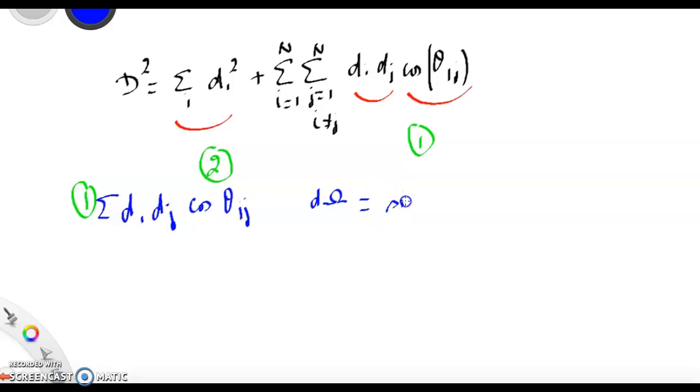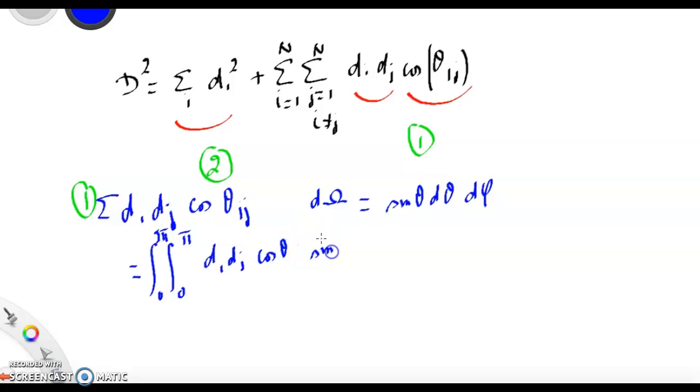I could simply write it the way I did before, as sine theta d theta d phi, and then this becomes an integral from 0 to 2 pi of d_i d_j cosine theta sine theta d theta d phi.